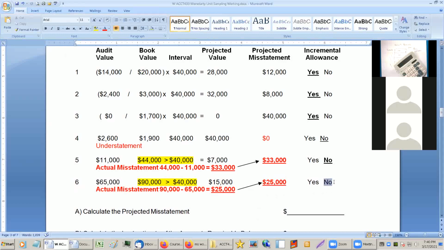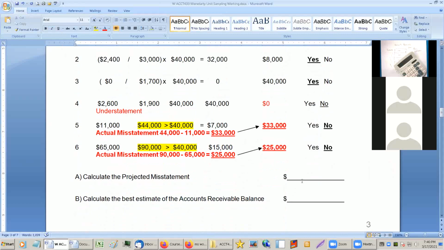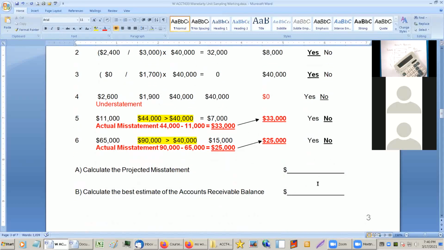And again, no, it doesn't go in the incremental allowance. It could not get any worse. It already covers 2 intervals, maybe even 3.